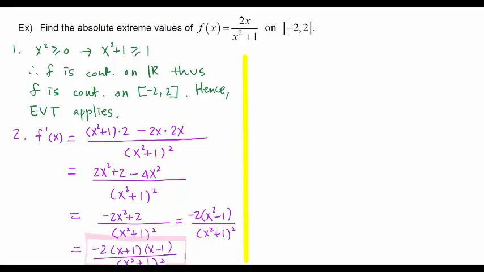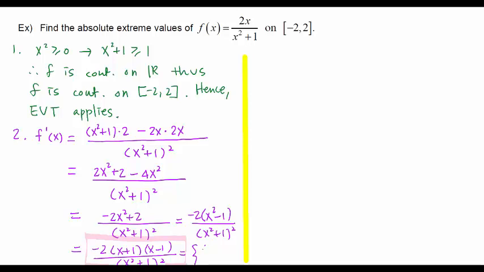So now I have to find the critical numbers, and a critical number is an x value such that your f prime is 0 or does not exist. My f prime is a fraction right now. When is a fraction 0? A fraction is 0 when the numerator is 0. So this f prime will be 0 if x was 1 or negative 1.